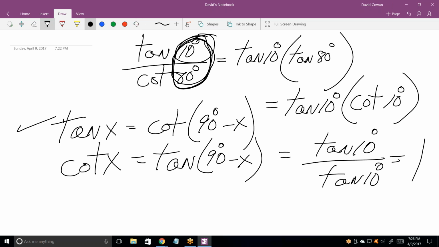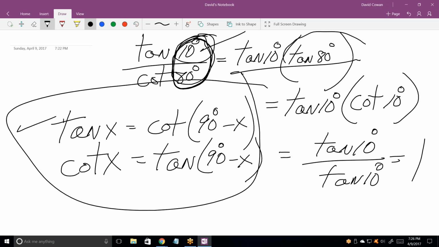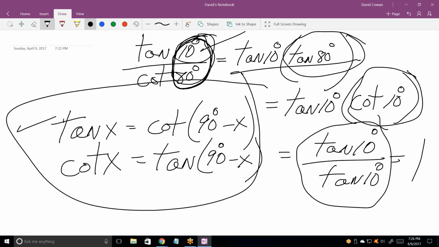So there must be something else going on with this problem, and it's the fact that they're cofunctions. First of all, I used the reciprocal property to get that. Then I used the cofunction property to get that. Then I used the reciprocal property again to get that. And it just turns out that it works out perfect. You get tangent of 10 degrees over tangent of 10 degrees.